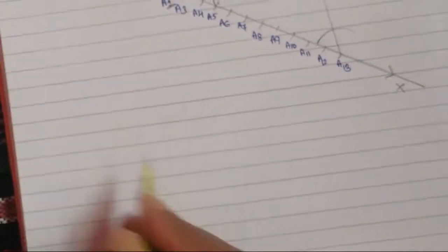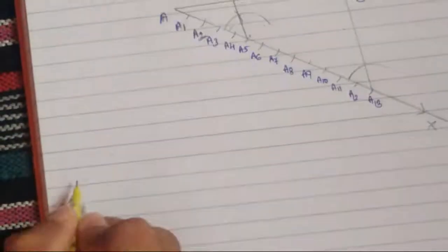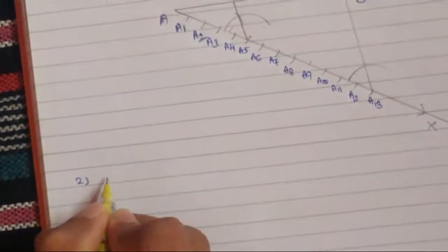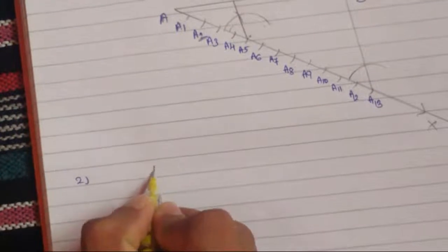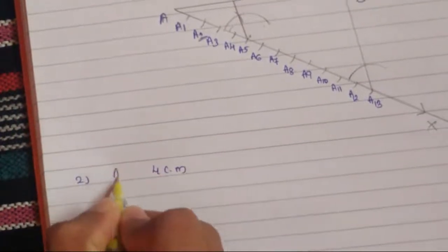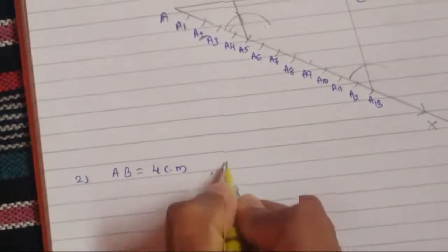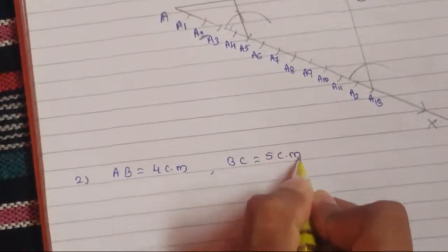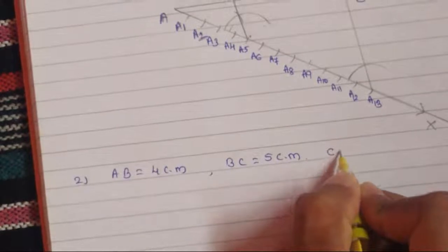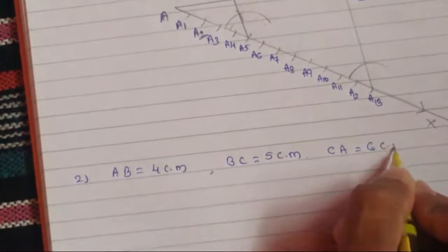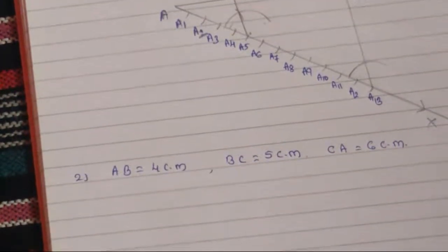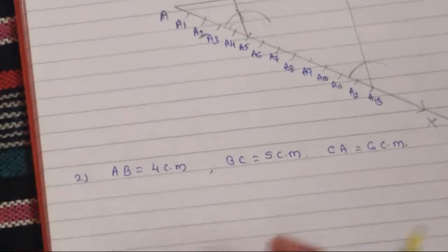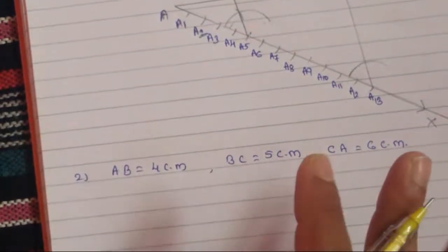Okay, for that, I will write the given data first. One is 4 centimeter, that is AB. Then BC is 5 centimeter, and CA is 6 centimeter. So I consider this because if we consider a triangle, it has only 3 vertices.